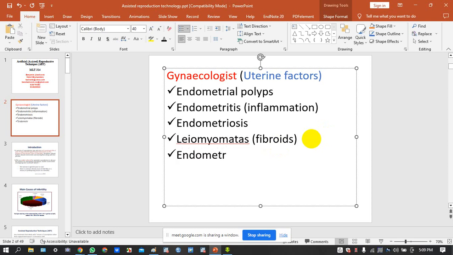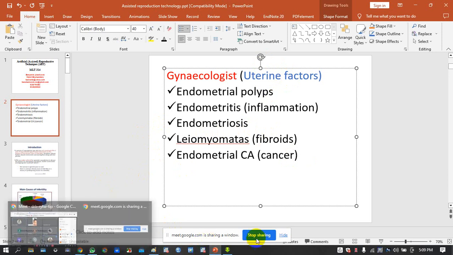That's an abbreviation, endometrial CA. Anytime you see CA, it's cancer. The doctors want to just bully us with some of their abbreviations. So endometrial CA. So these are some of the uterine causes of what? Infertility. So let me share those slides with you so that you see the pictures of what I'm talking about.